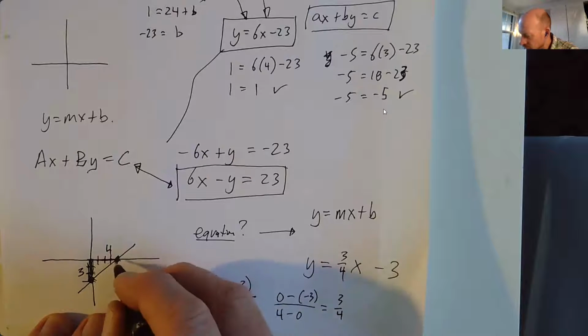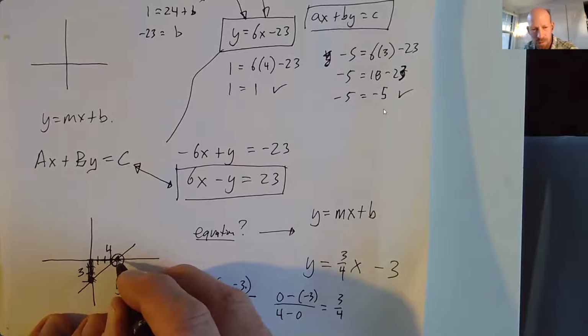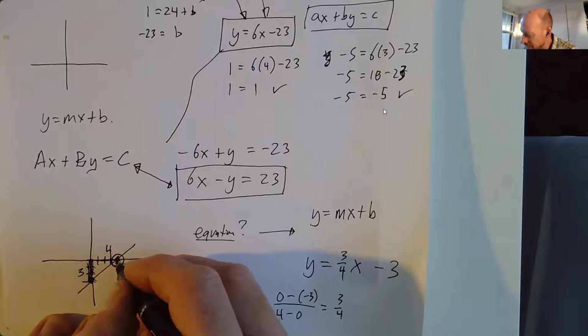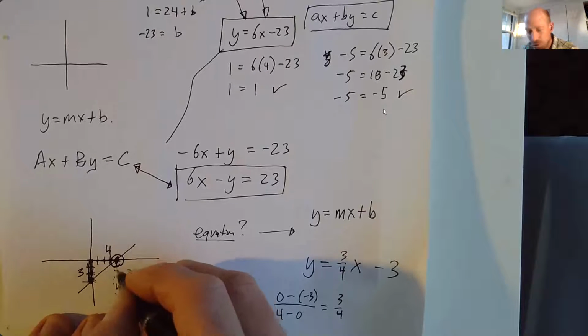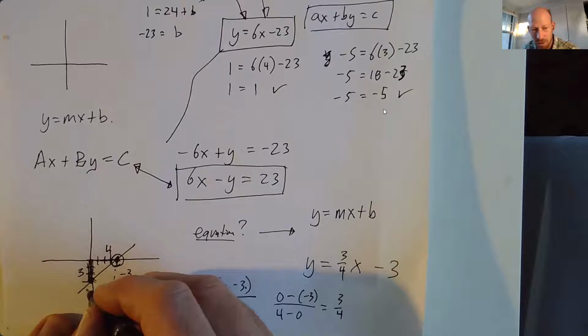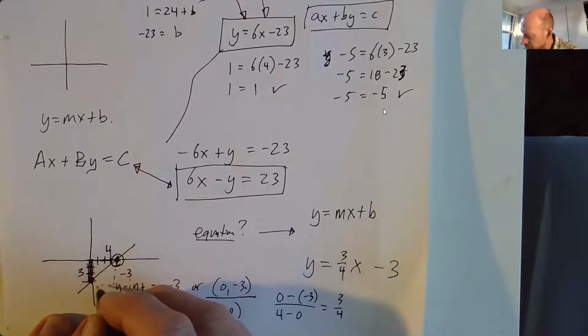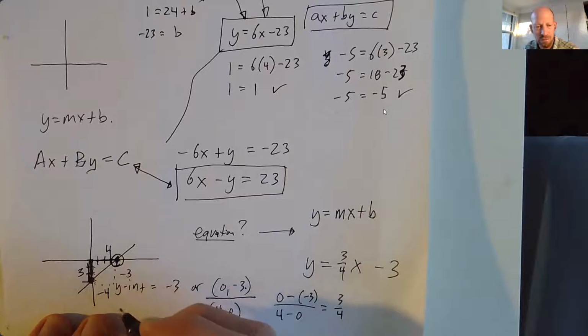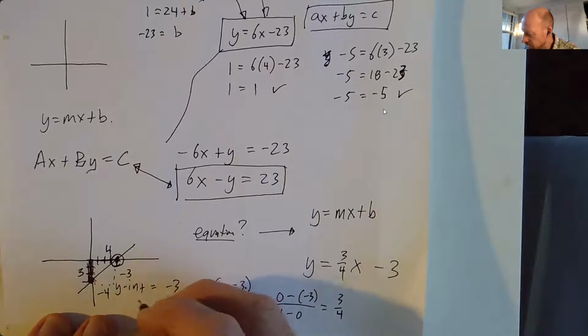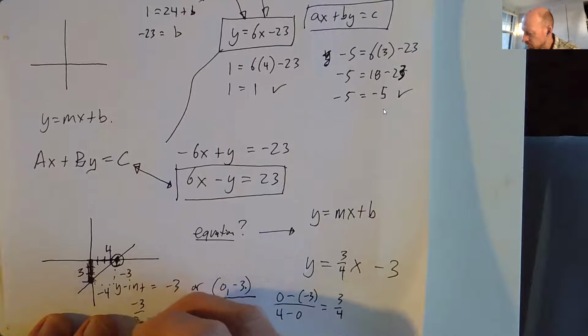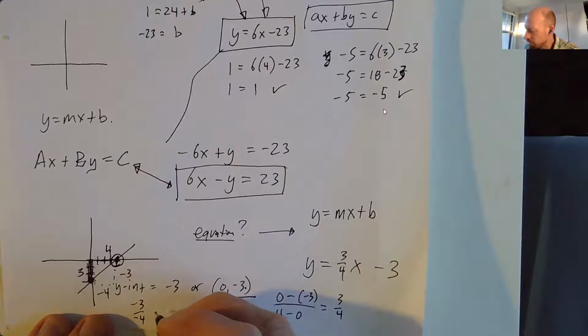But if I start here, then my rise would be -3. To go from this point to the other point, I'd go down 3, which is -3, and then left 4 units, which is -4. But -3 over -4 also equals 3/4.